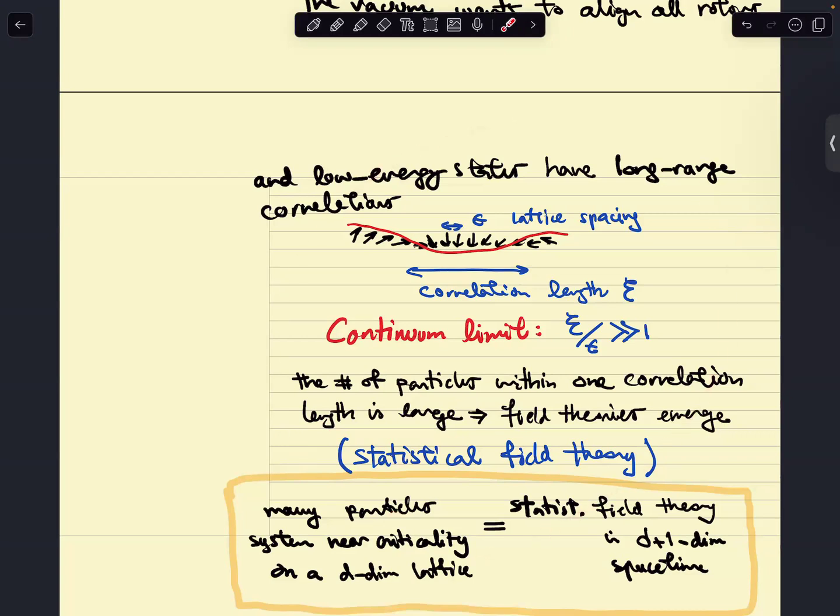Could you clarify what you mean by particles near criticality? Yeah, there's a little bit of a long story in physics. When you have a system with an infinite number of particles, let's say your particles have finite entropy, like a spin or something, and you have an infinite number of them, you take the thermodynamic limit.